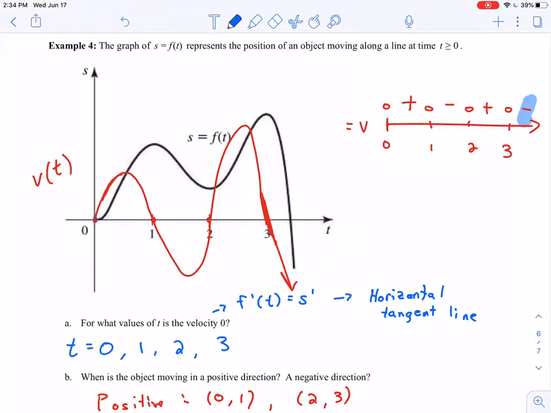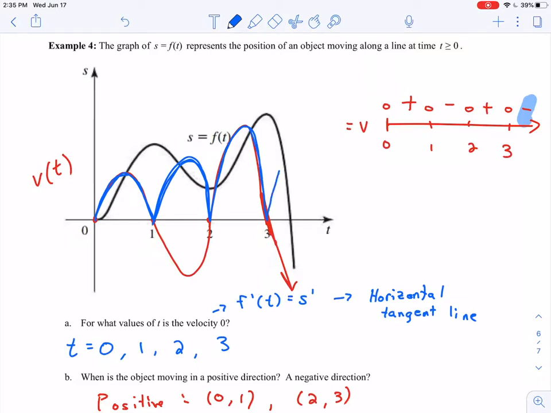So let's see, if I'm talking about speed, this part right here is fine. It's above the x-axis. But then after that, it's going to kind of bounce above the x-axis here because we know that velocity, or speed, can't be negative. Between 2 and 3, that part's above the x-axis already. That's fine.